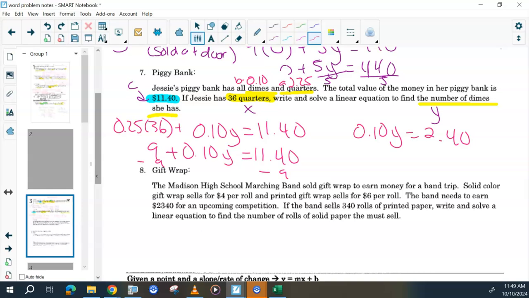And divide both sides by 0.10. What is y? 24 what? Dimes.